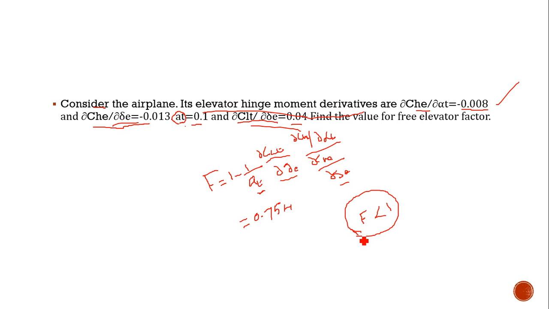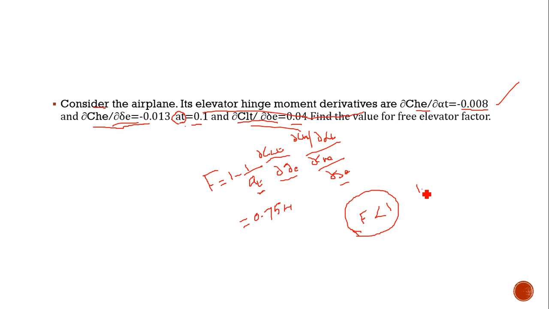Suppose they ask the same sum, to find the free elevator factor, and your answer is beyond 1, like 1.21, it means your answer is wrong.